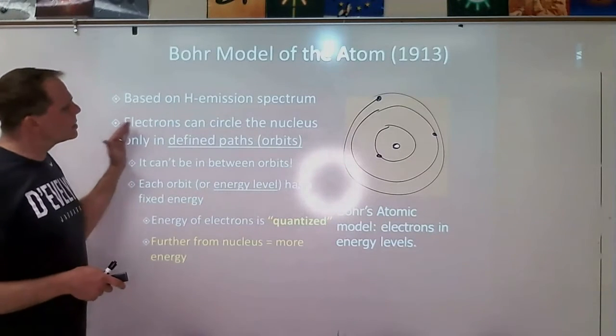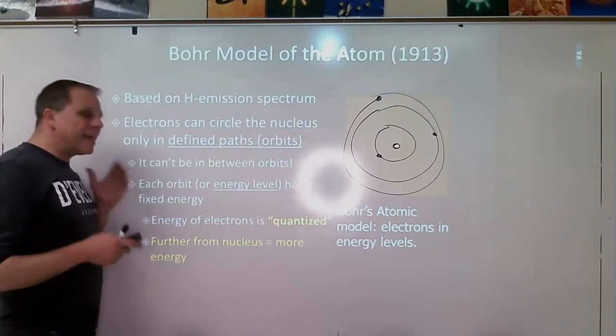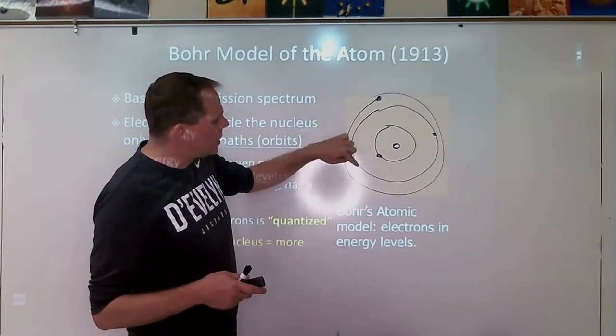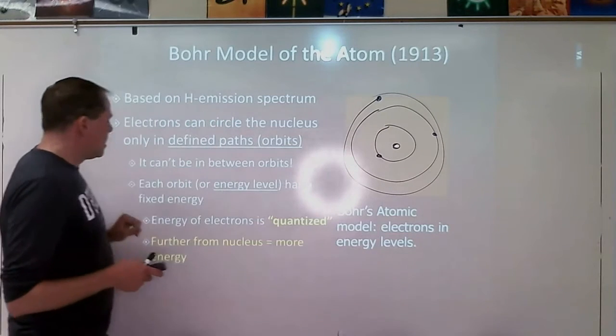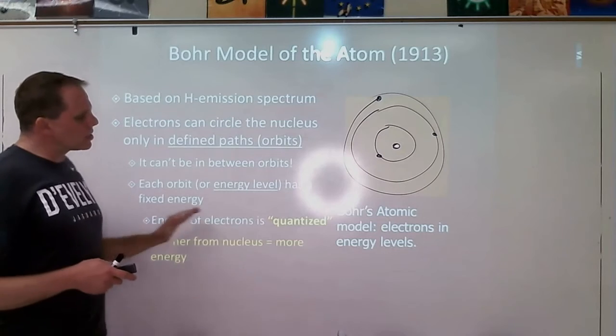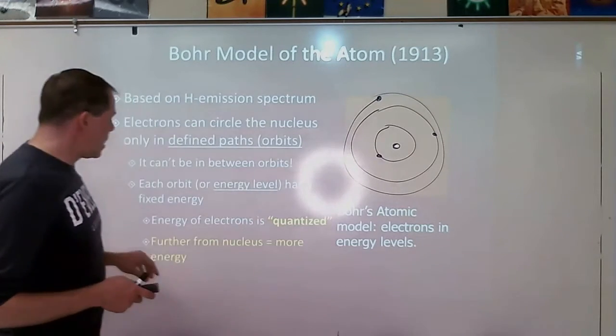So he's like, okay, if they're circling the nucleus in defined paths or orbits, and they can't be in between the orbits, they either have to be here or here, then maybe this will explain what's happening. Maybe it takes a certain quantum of energy to make them jump from one level to the next.